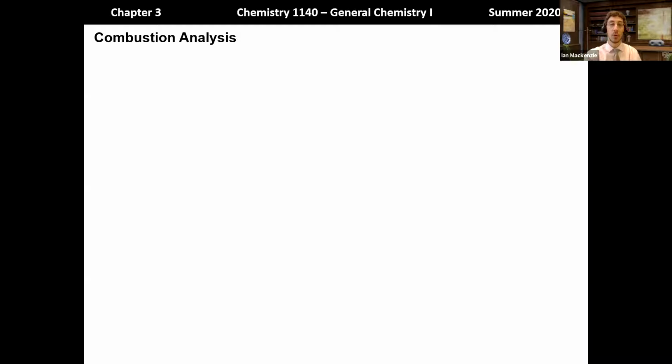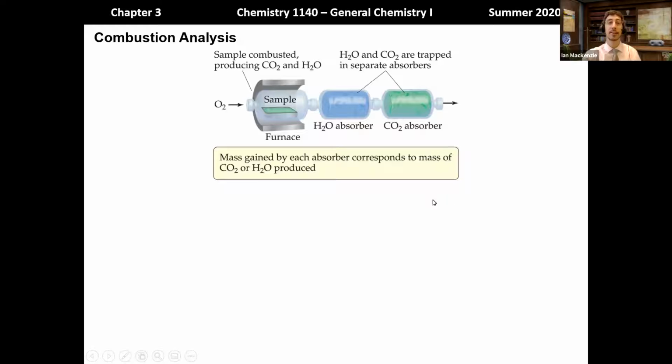The way this works for combustion analysis is that we take some sample and put it on a stage or something inside a furnace, feed oxygen in, and then just burn the sample.